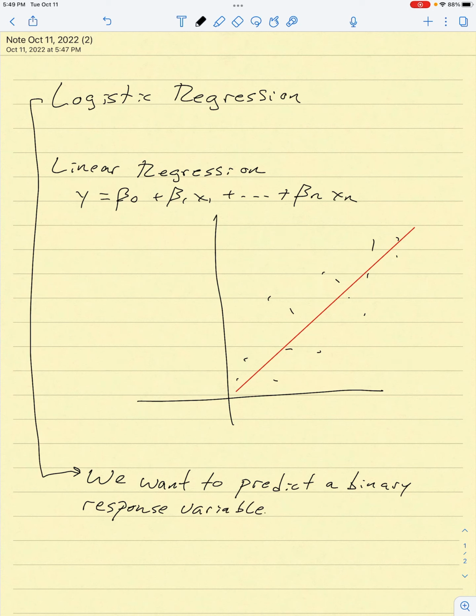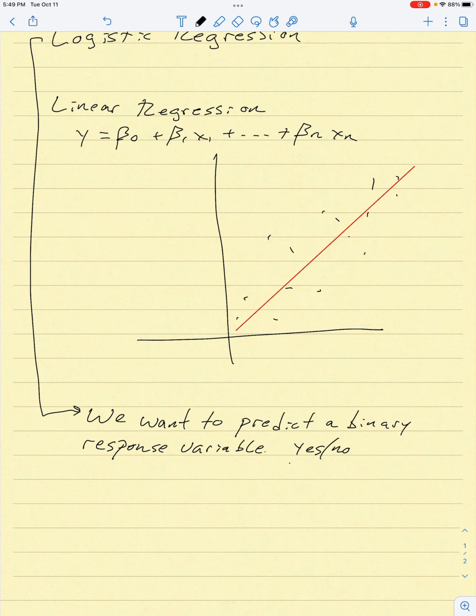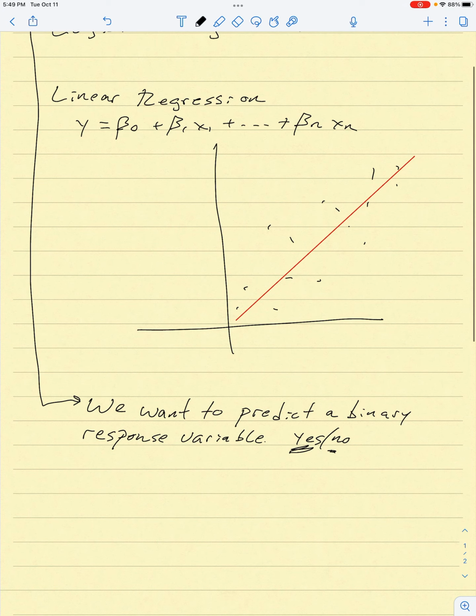All right, meaning a dependent variable that's yes, no. Do you approve them for the loan? Yes or no. Are they guilty? Yes or no. You know, any kind of thing that has a binary outcome. We want to predict using these numerical predictors. Again, these are numerical. That's important.